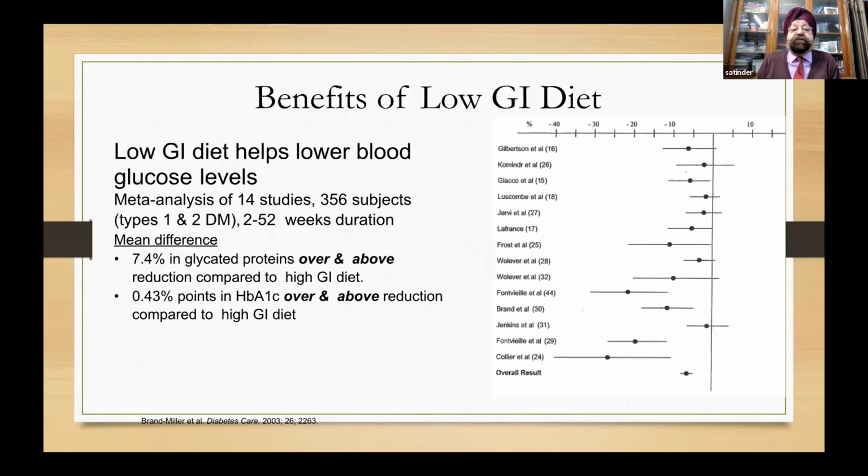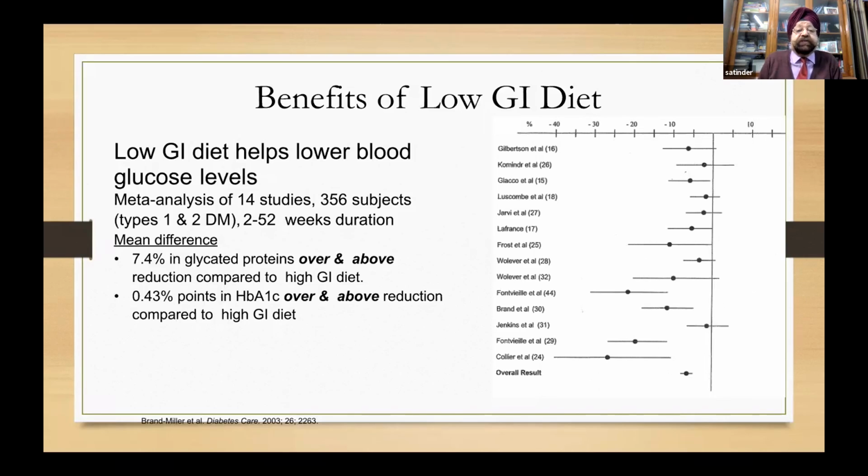And then we found the low GI group had a 7.4% lowering of glycated proteins as a reduction compared to the high GI diet. So it does help the glycemic control.